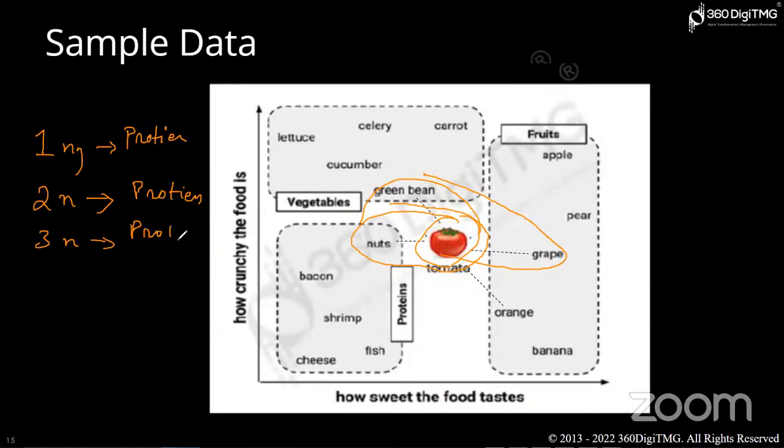But when we take four, suppose this is orange, now it comes out to be fruit because the majority is fruit. Like this, according to the k values, the category will change.